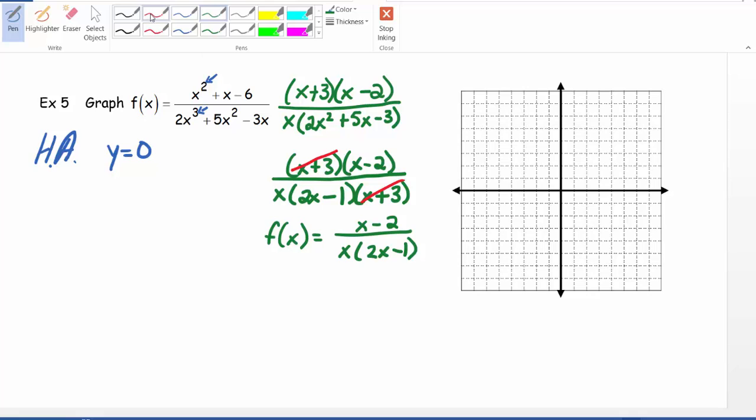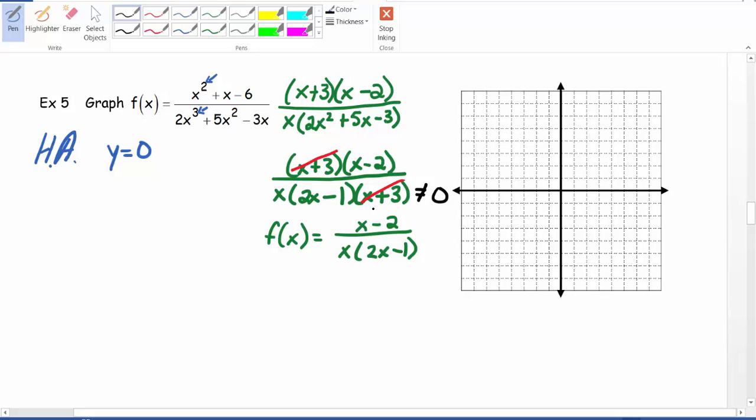Now, just because something did cancel does not mean that you can't have this piece not equal to 0, just like we normally found with vertical asymptotes. Because if we did say that x was negative 3, well, boom, right now that bottom is 0. So you still follow this by setting that entire bottom not equal to 0, including the piece that got dropped out.